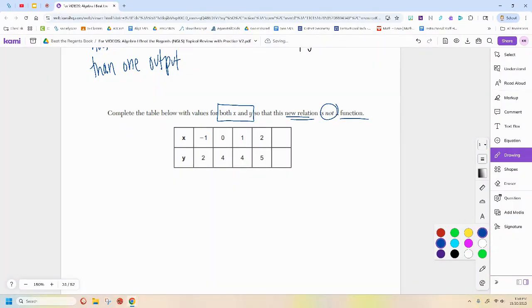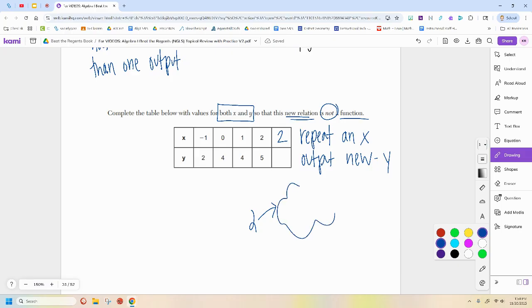Well, that means I want to repeat an x and then the output is a new y value. So for example, if I repeat the 2, well, 2 has gone into the function, whatever this function is, it doesn't have a pattern, and the function has put out a 5 for it.